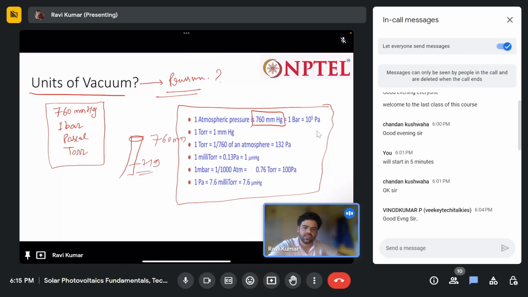So we usually say at sea level we have 1 atmospheric pressure, which is 760 mm of Hg. Converting into bar, it is 1 bar, and 10 to the power 5 Pascal.